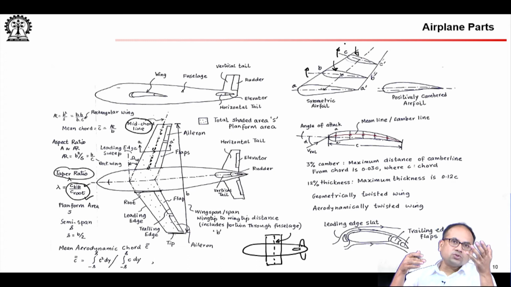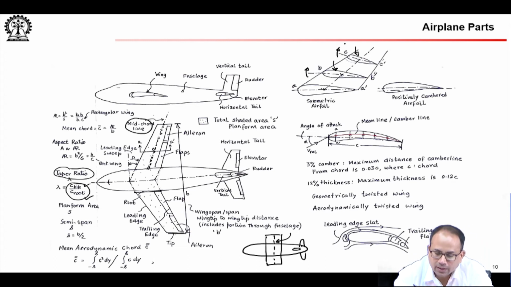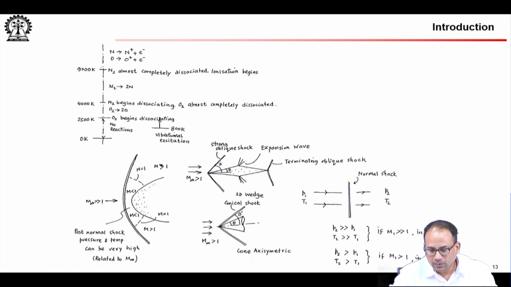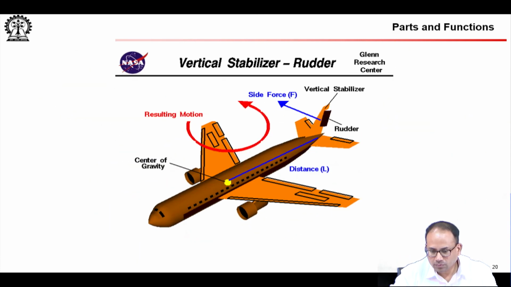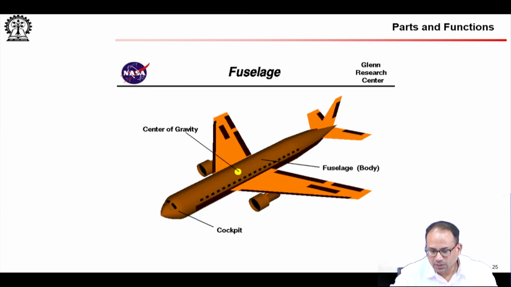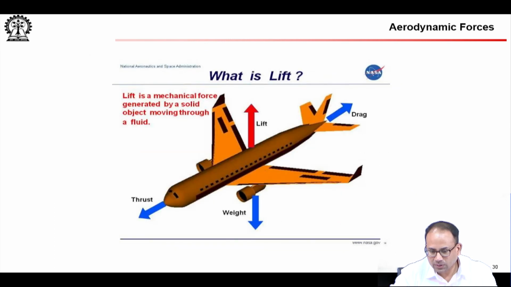You can also have a situation where here you use one particular airfoil, here you use another airfoil, here you use another airfoil, and these airfoils, if you look at the CL versus alpha plot, so let us just look at not the flap deflection, but just the normal CL versus alpha.